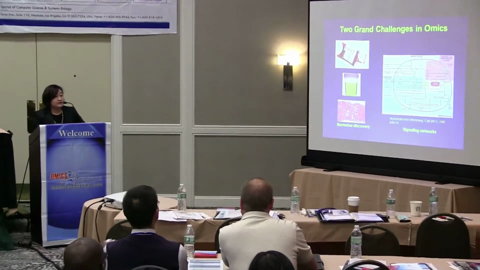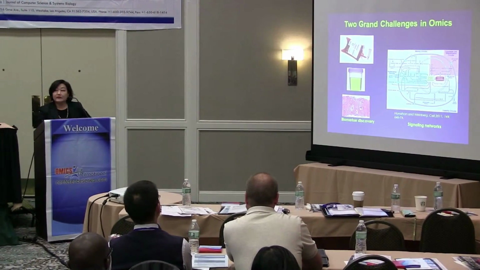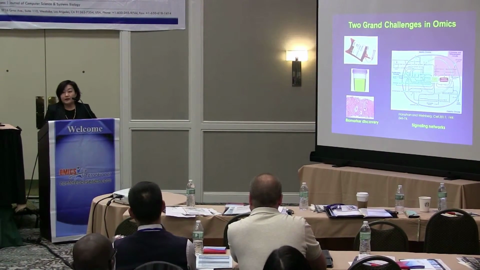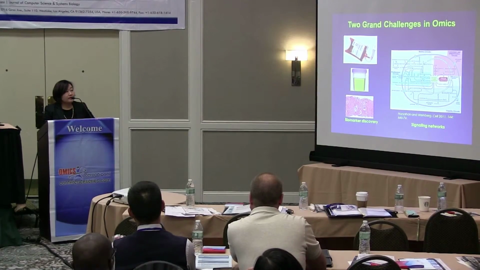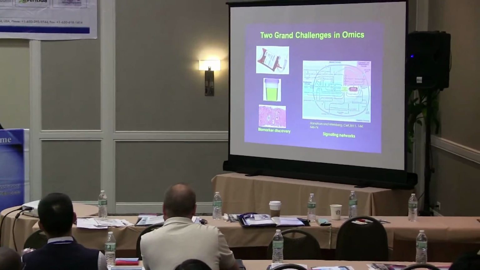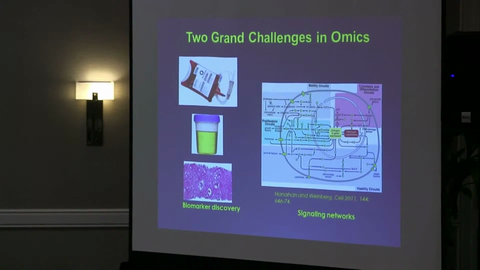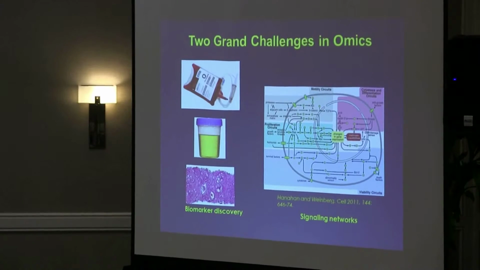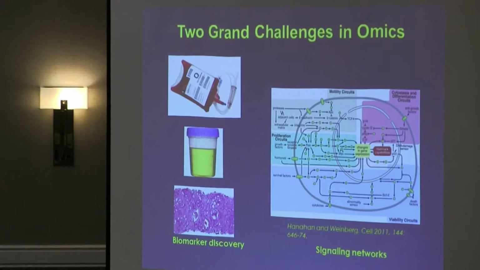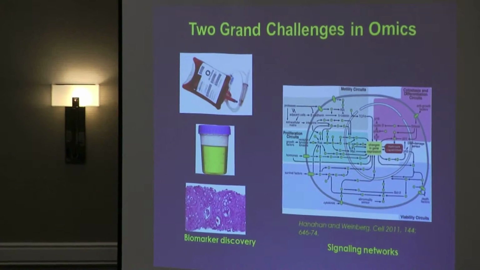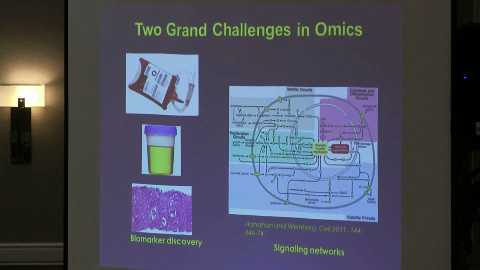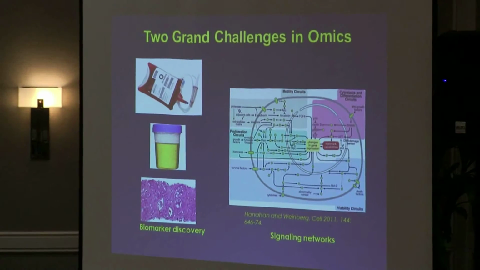So there are two grand challenges in omics. The first one is biomarker discovery. The second one is to understand the meaning of all the profiling. To understand that, we need to look for the signaling networks or pathway mechanisms derived from all the profiles that we got from the transcriptome, genome, metabolome, proteomics, or different kinds of omics.